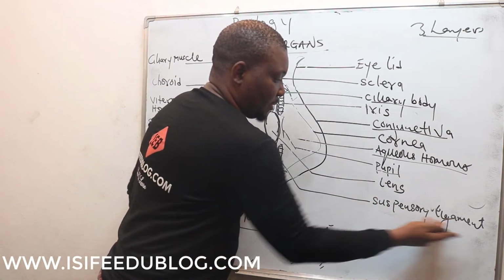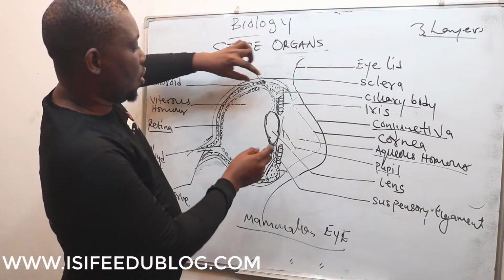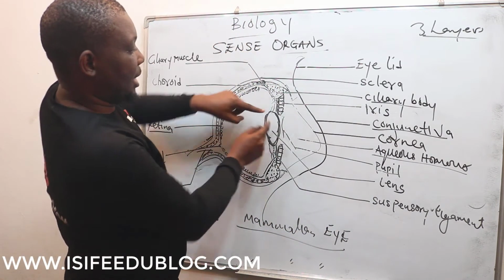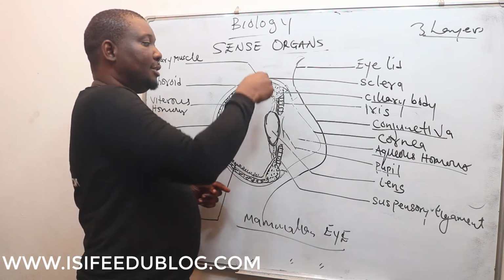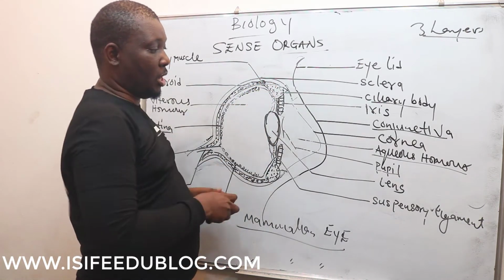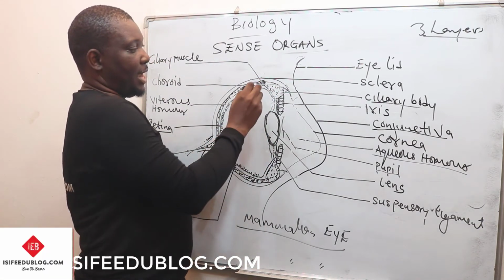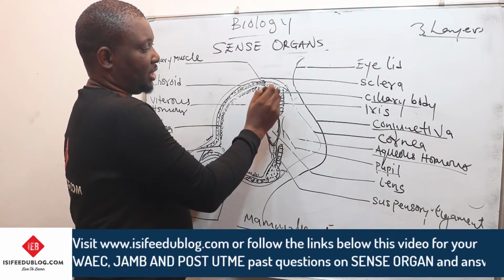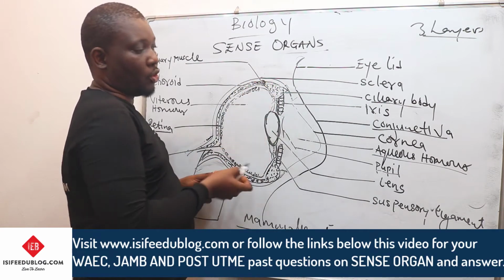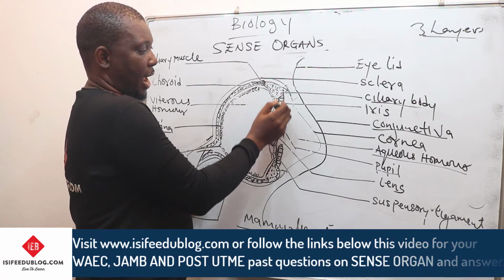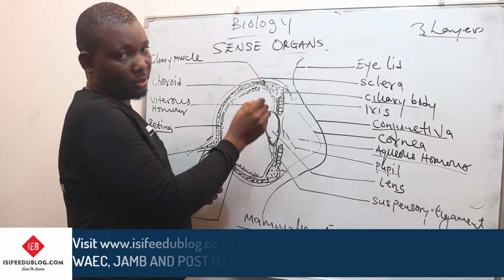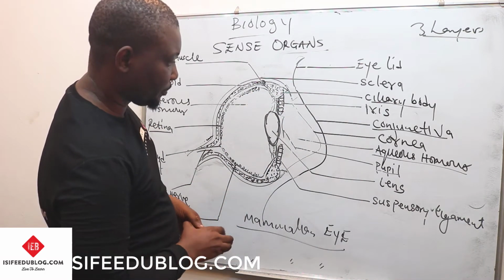I've talked about the suspensory ligaments, which hold the lens firmly, or which attach the lens to the ciliary body, because the lens must get food and nutrients from this body, which is the choroid. The choroid supplies blood to the iris and to the lens, as well as food.